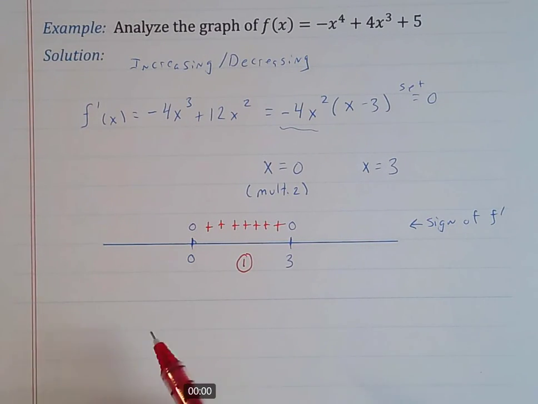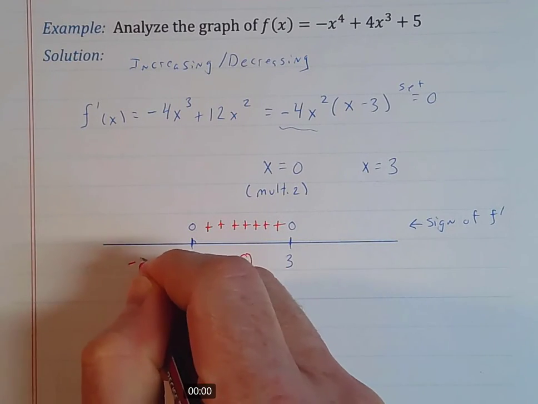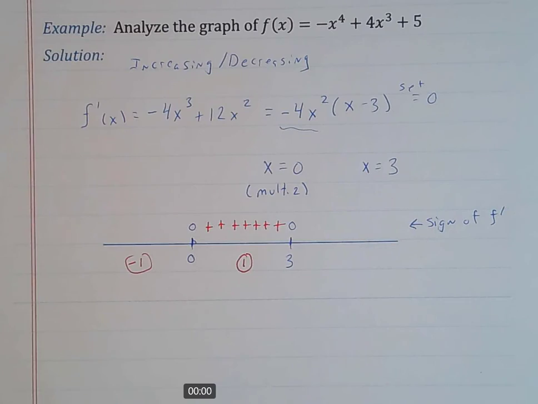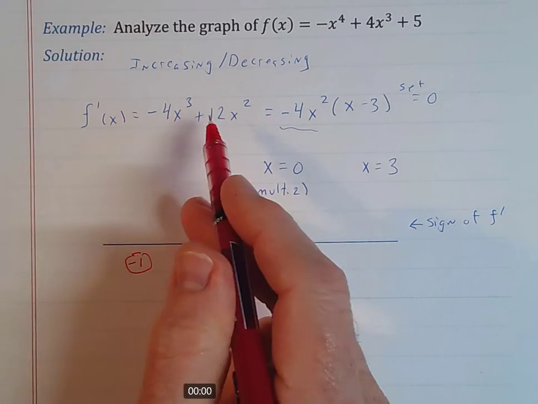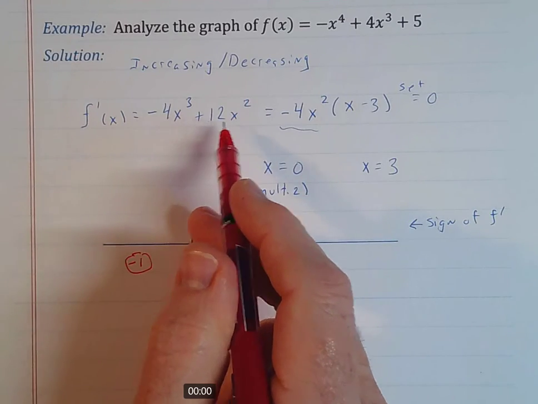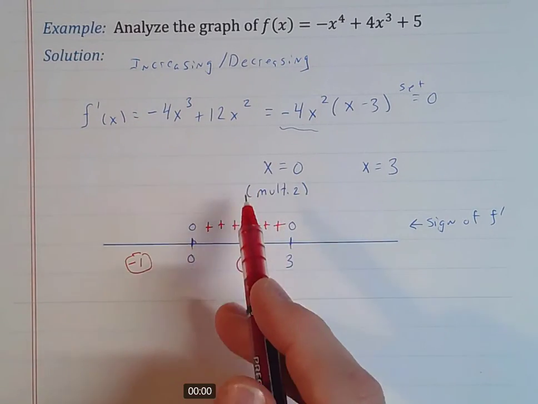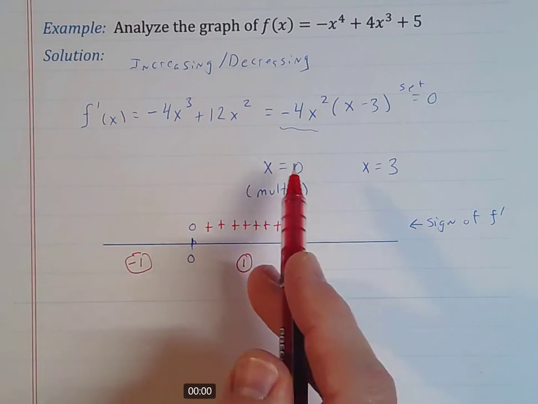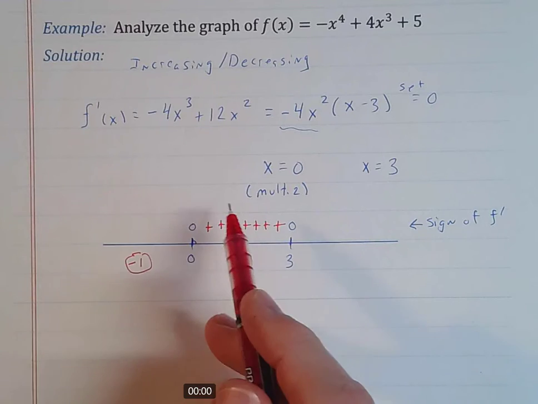Well, now I can do the same thing over here. I could choose a test number like negative 1, or any number that's over here. I could plug it in up here. Turns out that that's going to be positive. But I also know that multiplicity is an easier way of doing that. If it's even multiplicity, the sign doesn't change.